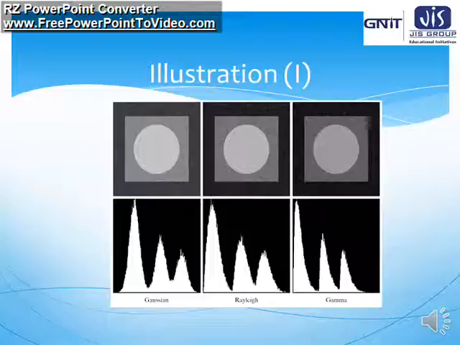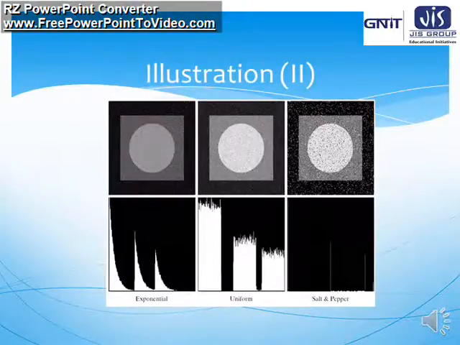This is the first illustration. Now if we move forward to the next illustration, we will have this type of example. Here we have the second example. Here also some images are there with some noise and their corresponding histogram is also given.